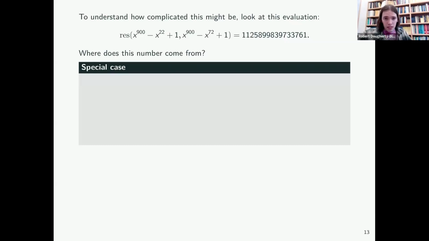And it turns out that this resultant belongs to a special class of resultants that we do know how to compute with a formula. And that formula is a little complicated. It looks like this.